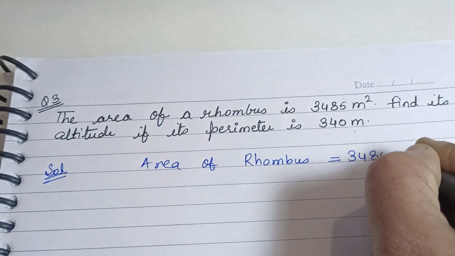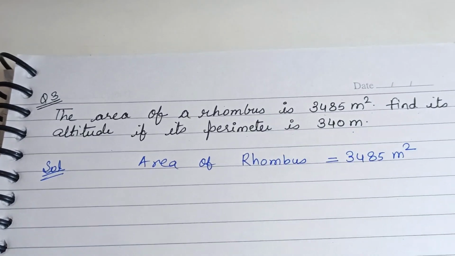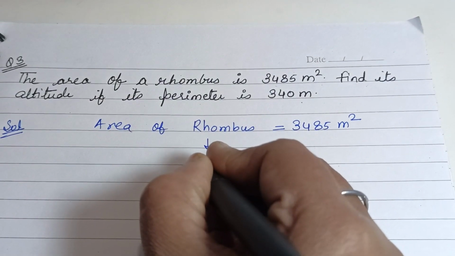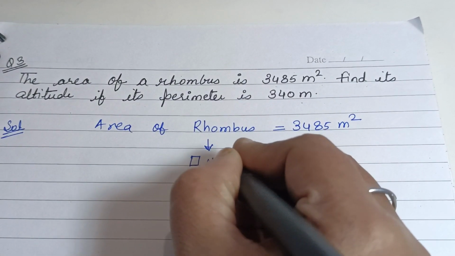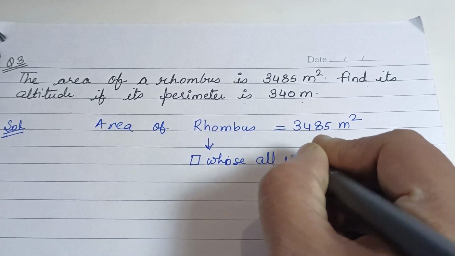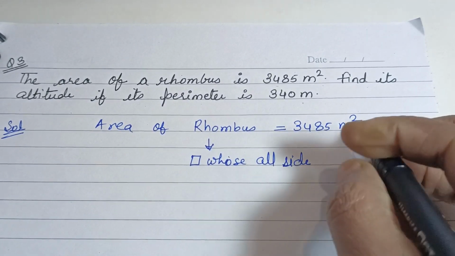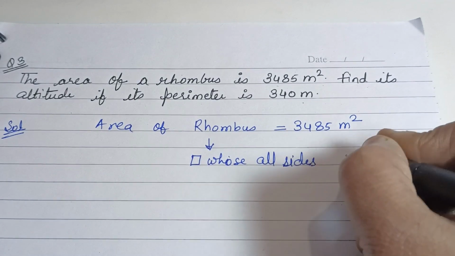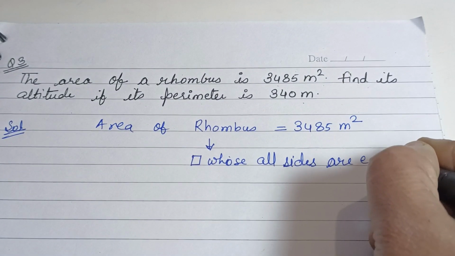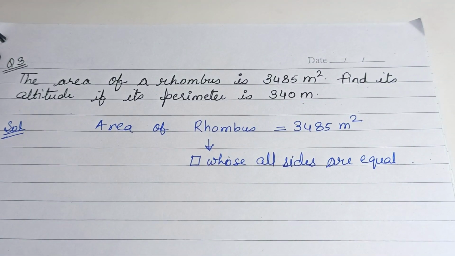Rhombus means what is that? It is a figure, or you can say it is a quadrilateral whose all sides are equal. Okay, they are not perpendicular always, but whose all sides are equal. Okay, this is the important thing.